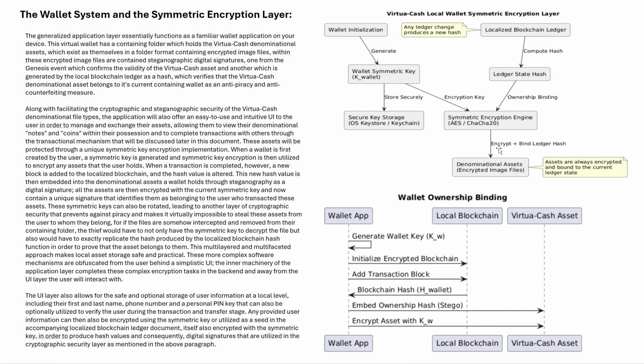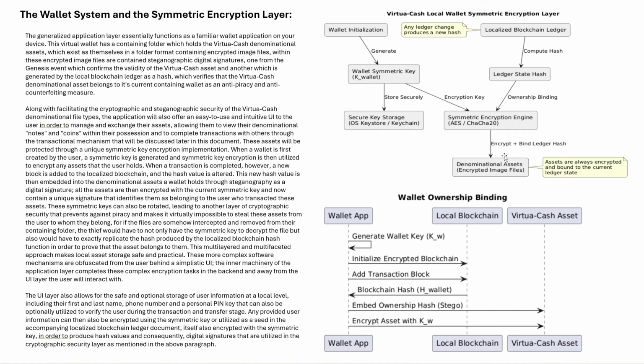When you encrypt this hash that came from the ledger, you then bind your denominational asset to that blockchain. So whatever the hash is of that blockchain has now created a digital signature using this symmetric key, and that is being stored inside of your assets through steganography.